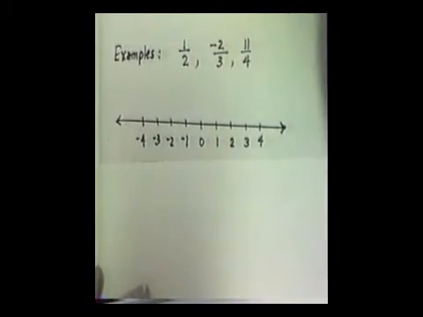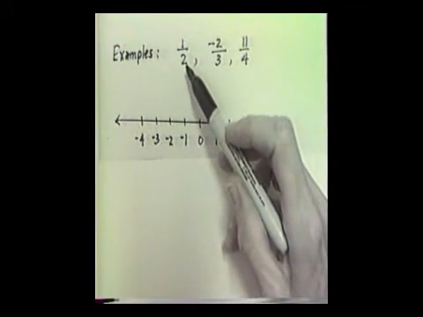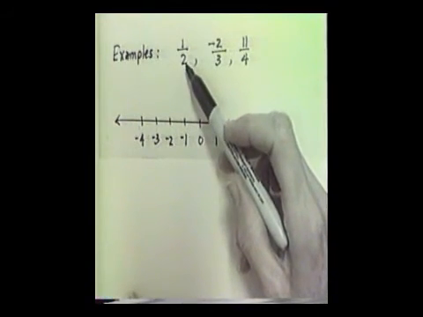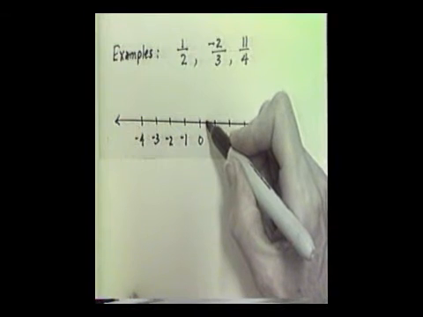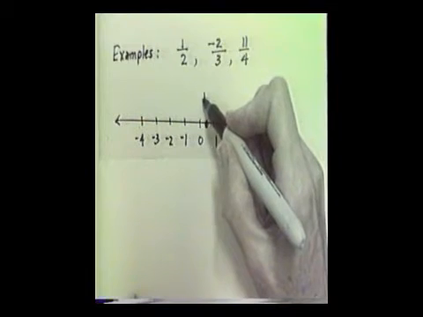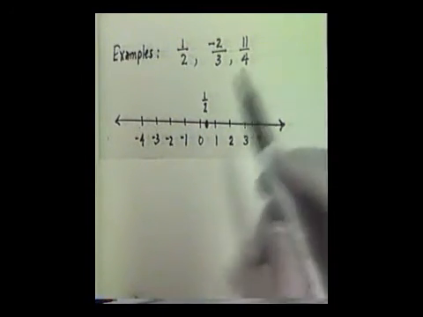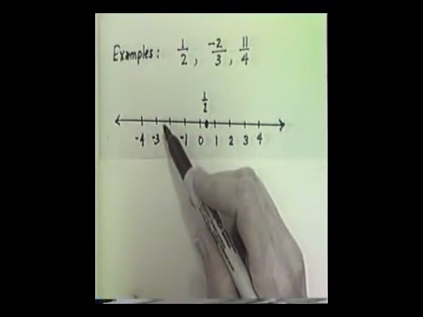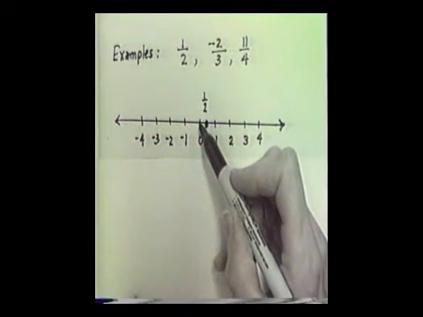Here's a number line, and for 1/2, we would place the indicator for 1/2 as a dot exactly halfway between 0 and 1. So we'll put 1/2 halfway between 0 and 1. For negative 2/3, negative 2/3 is to the left of 0 on the negative side, but it's only 2/3 of a unit from 0.